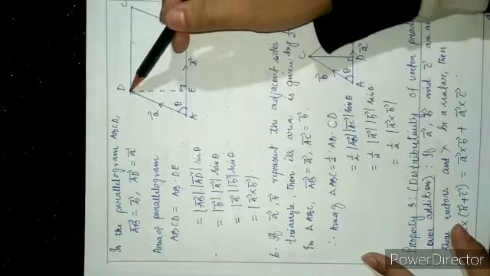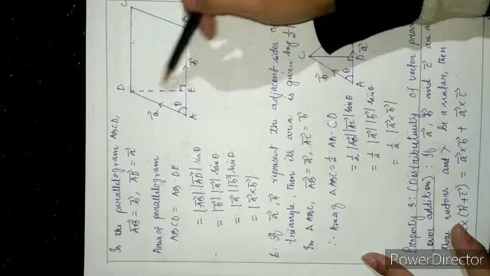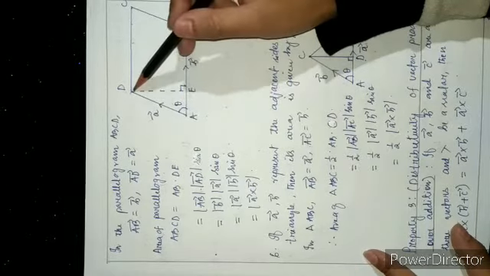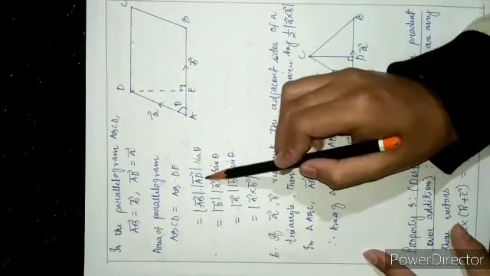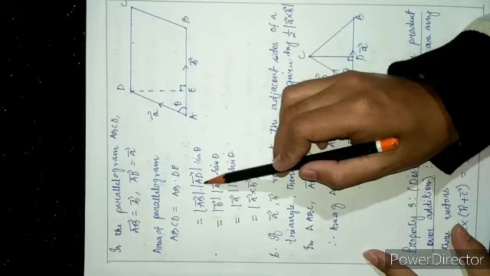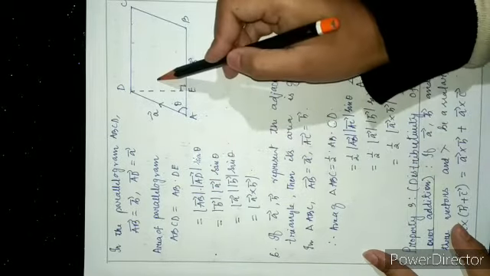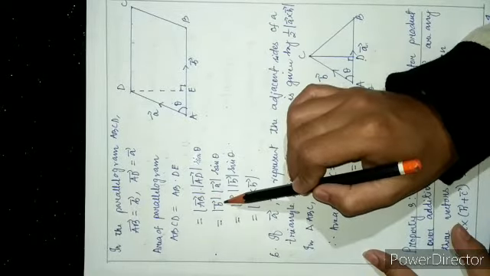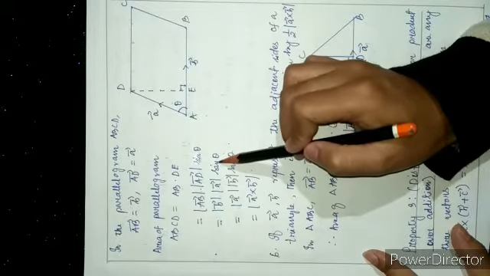In the right angle triangle DAE, DE is opposite to theta and AD is the hypotenuse, and so this DE is replaced by magnitude of AD vector into sine theta. AB vector is represented by magnitude of B, then AD is represented by magnitude of A and sine theta.